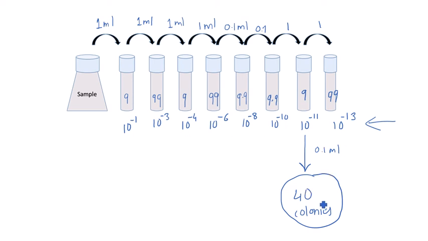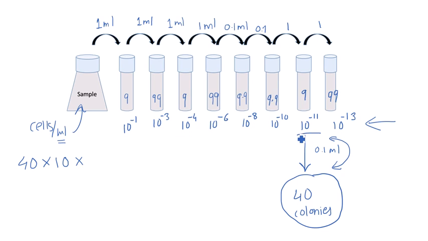So now if you have to back calculate to find out the number of cells per ml in your original sample, you're going to take those 40 colonies times the dilution factor that you did when you plated, that's 0.1 ml, but you are calculating for 1 ml, so you have to multiply with 10 to account for that.